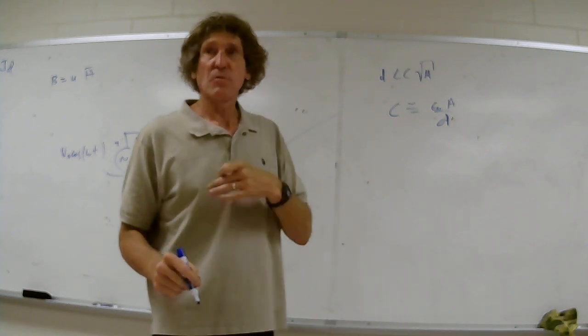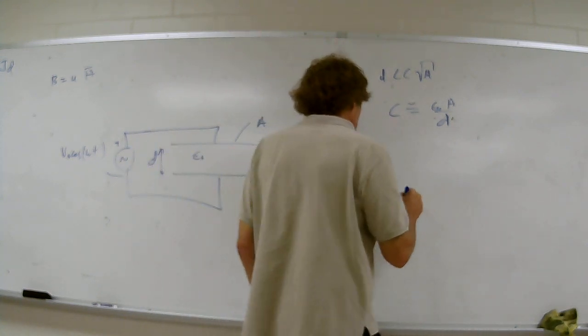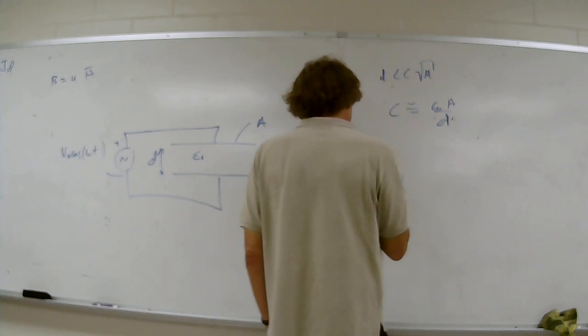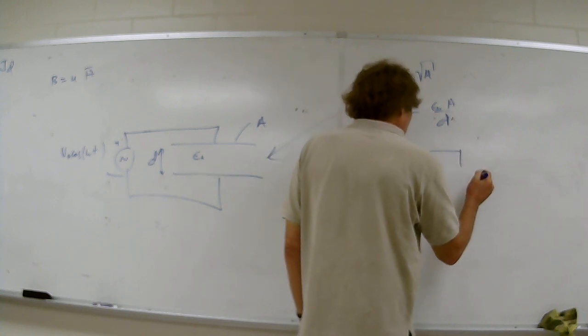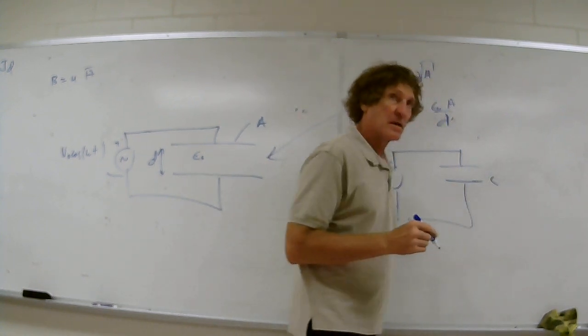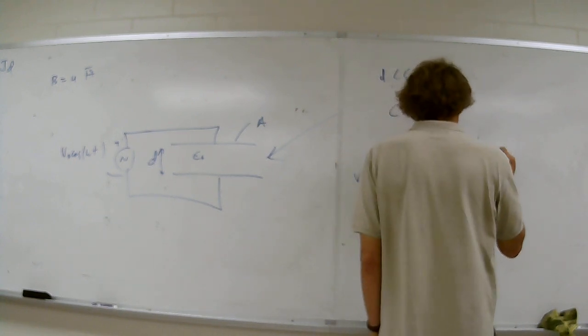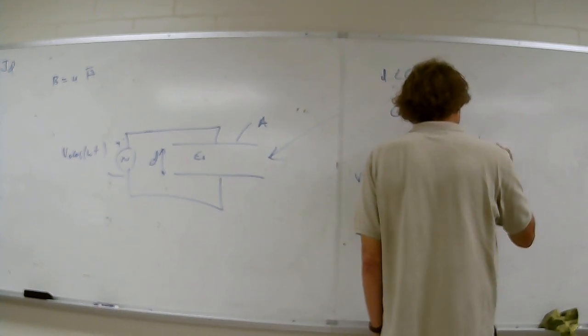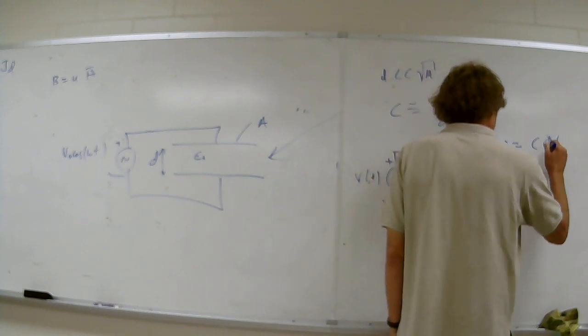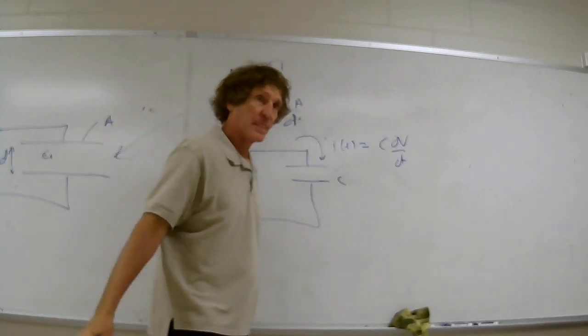Now, when you were taught about capacitors, you learned that if you just had a voltage plus or minus V of t here, and you had a capacitor C here, the actual current that would drive through here, the I of t, would be simply C times dV/dt. Y'all remember that?